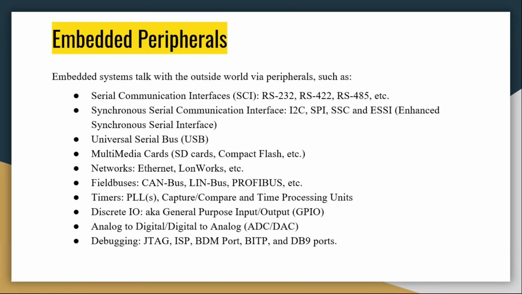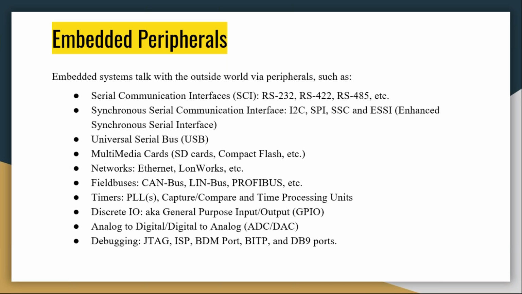Now we come to the embedded peripheral. How can we configure the microcontroller to do a specific task? How do we communicate with another device, and what are the protocols we are going to use?